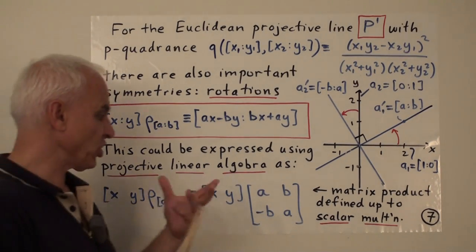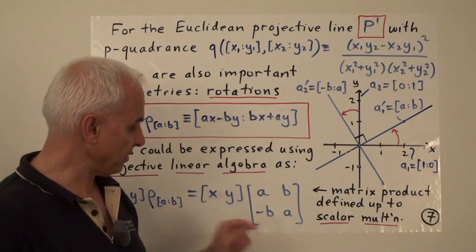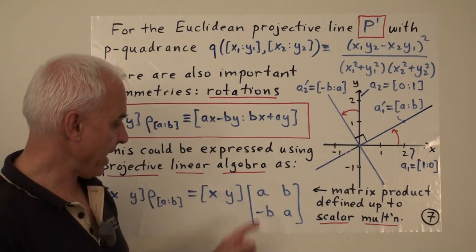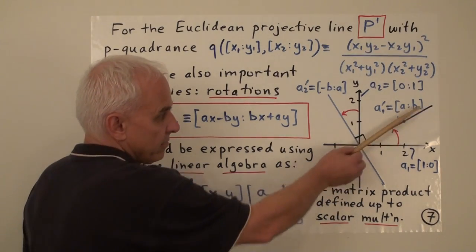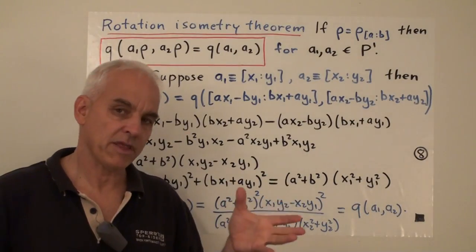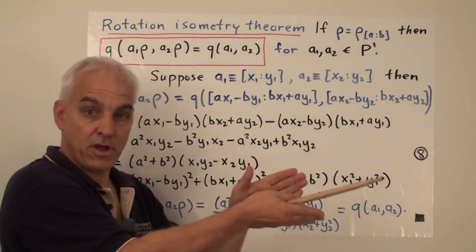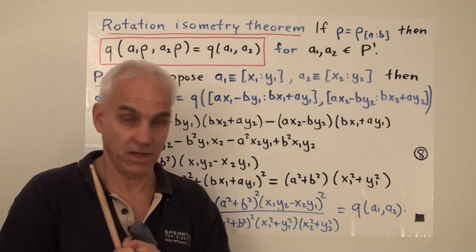So this rotation of this one-dimensional projective space is encoded by this little matrix, A, B, minus B, A, that depends on the line A to B. So that formula that we defined certainly fitted with our geometrical intuition about what a rotation ought to be.